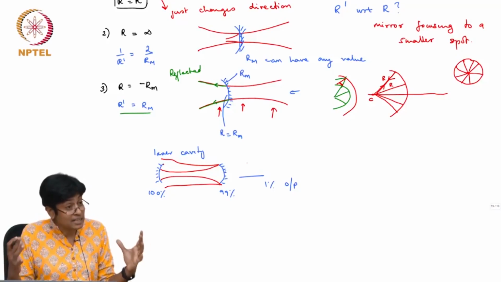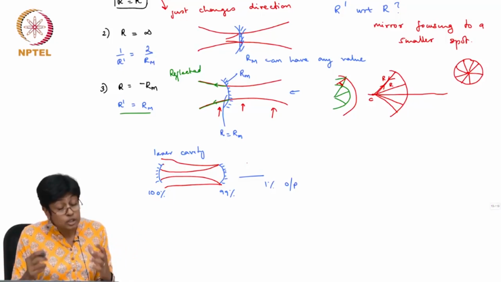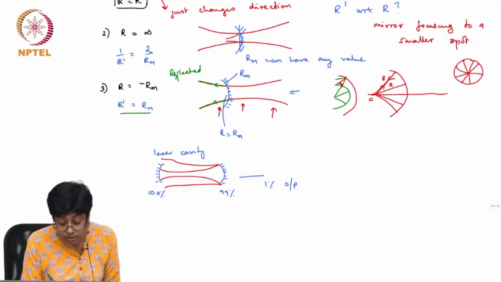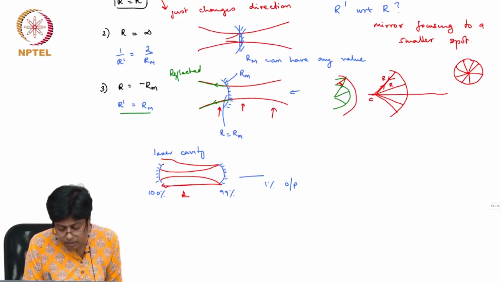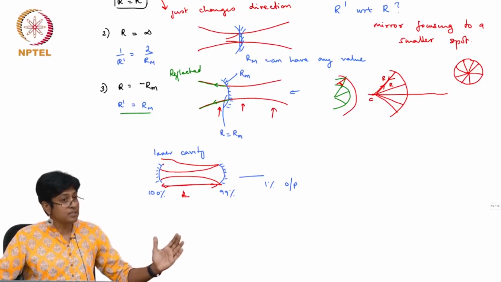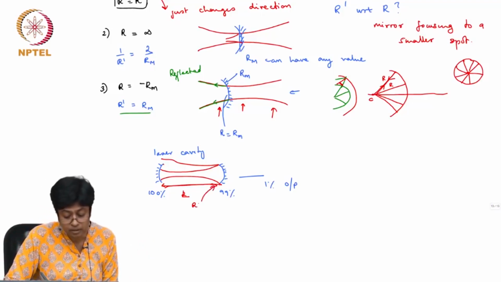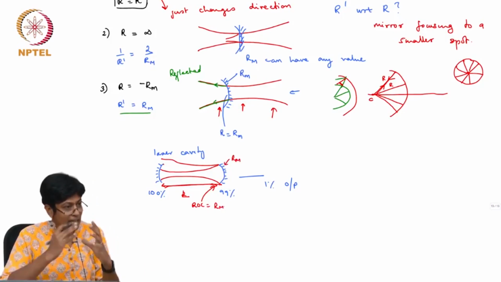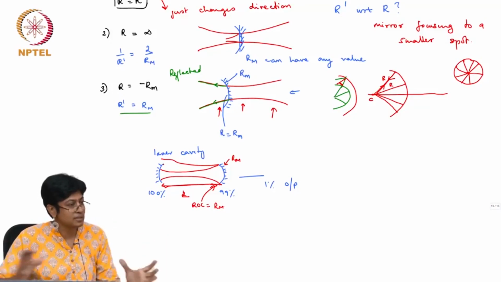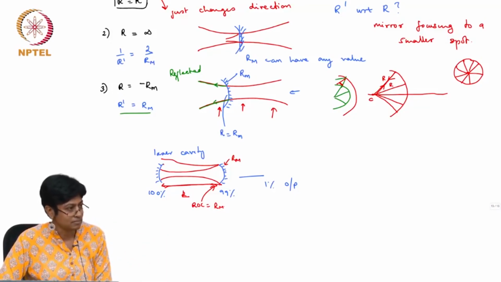So this laser cavity is set up such that for this distance L, the beam travels such that the radius of curvature of the beam over here equals the radius of curvature of the mirror. And that way the beam stays within the cavity.